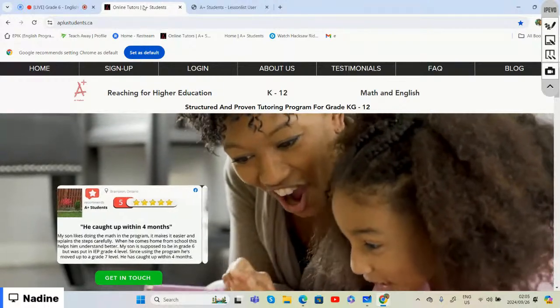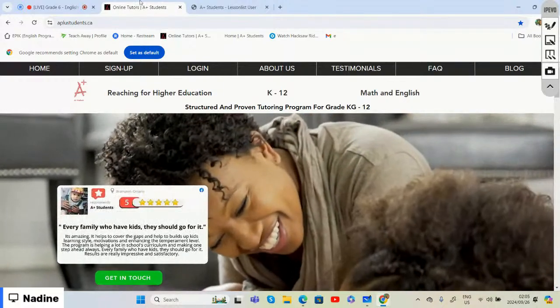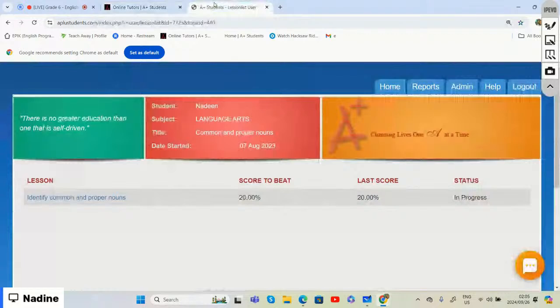Doing grade 6, we're going to scroll down until we get to the chapter of common and proper nouns.